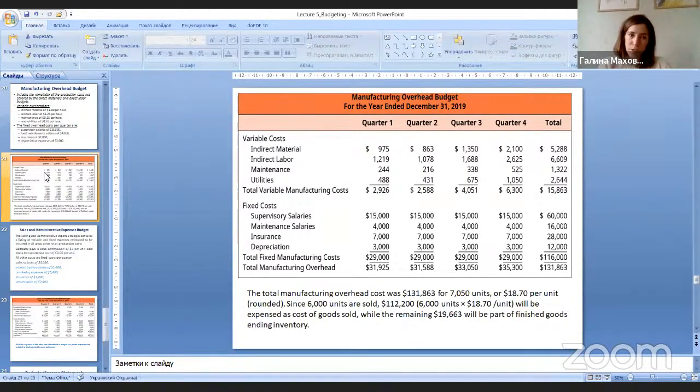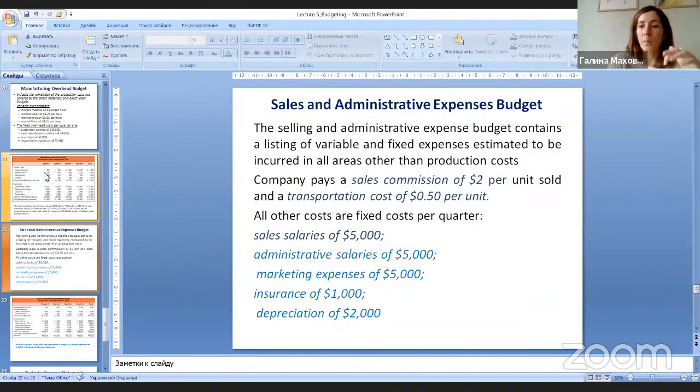So how do operational budgets influence financial budgets? These types of budget, direct materials, direct labor, and manufacturing overhead, show us costs which are related with production. But also we have sales and administrative expenses, and we should create a budget for this type of costs. For example, we have sales commission, $2 per unit, and transportation cost, $0.50 per unit.